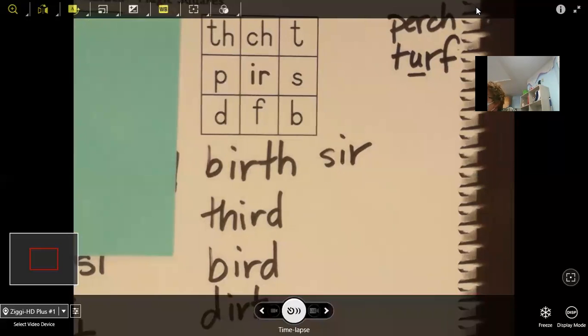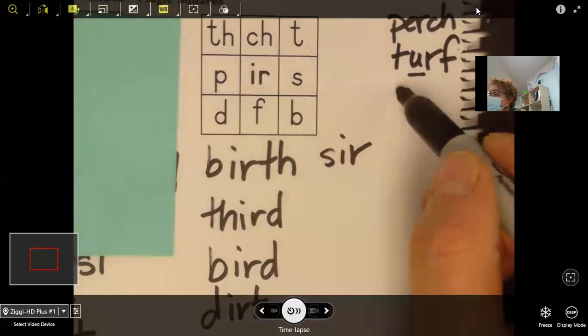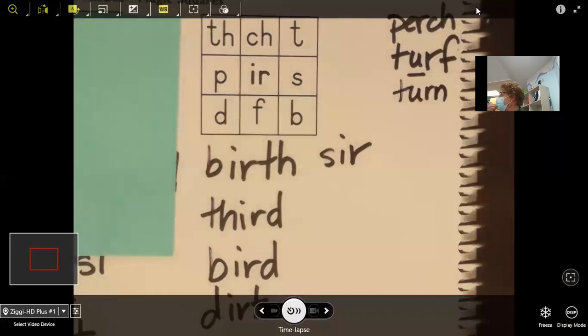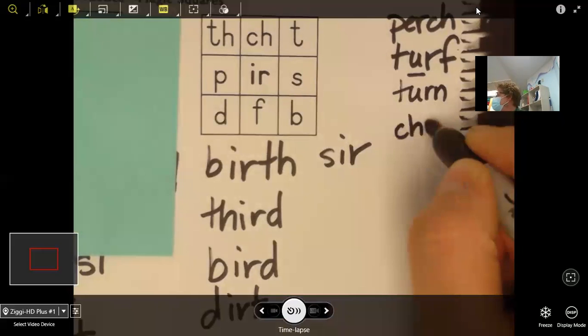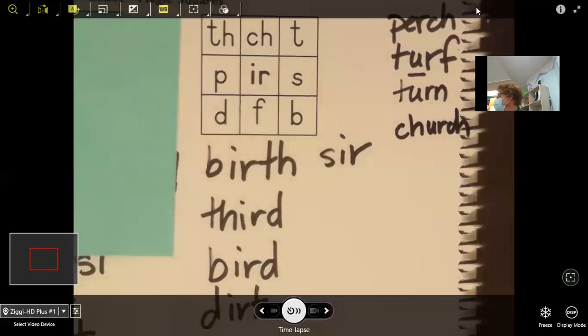Say it again. Turn. So hold on to that idea until I get to the U. All right, Sunny? Church. All right, so hold on to that one until we get to the other side. That's a UR one, but it's a good try, Gabe.